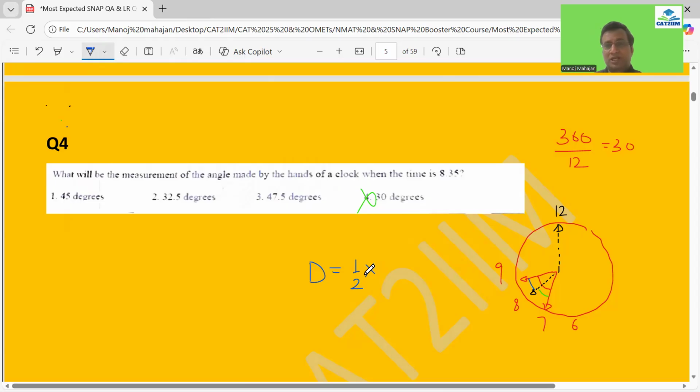For 35 minutes, right? Because the minute hand has moved from 12 to 7. So that is 35 minutes. So 17.5. My green angle was the 30 degrees, and the blue angle was 17.5. So in total, I have 47.5, which is my option number 3.